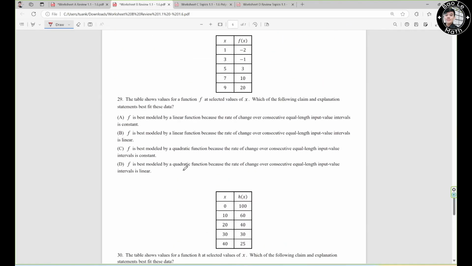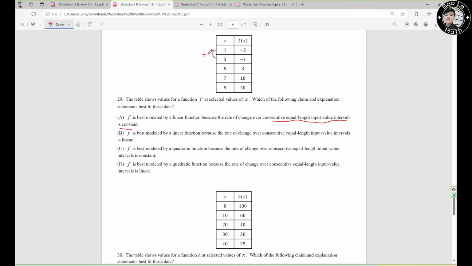Now let's move on to number 29. Given the table right here, which of the following claim and explanation statements best fits the data, right? So question A, f is best modeled by a linear function because the rate of change over consecutive equal length input value intervals is a constant. We're going to check this one right here.